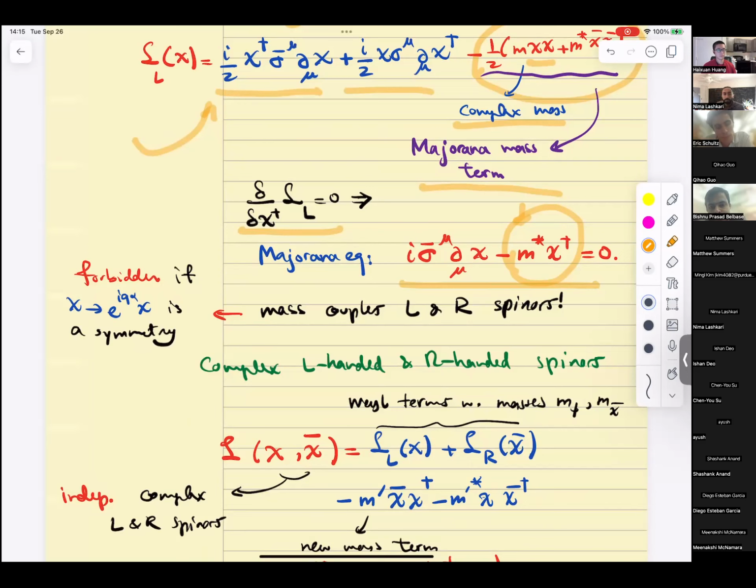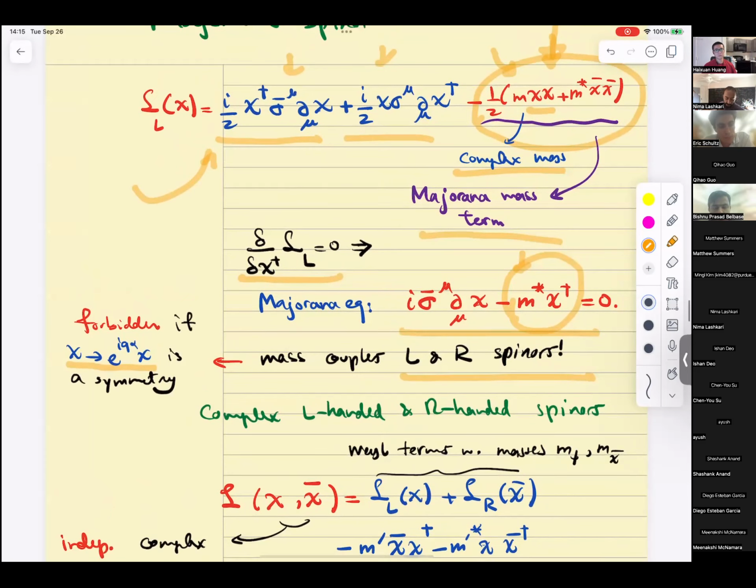Now, the mass couples left and right Weyl spinors. The mass is forbidden in a theory that only has a left Weyl spinor, or in a theory that has a symmetry like this. Hopefully it's clear why it's forbidden, because the action doesn't remain invariant under such a transformation.